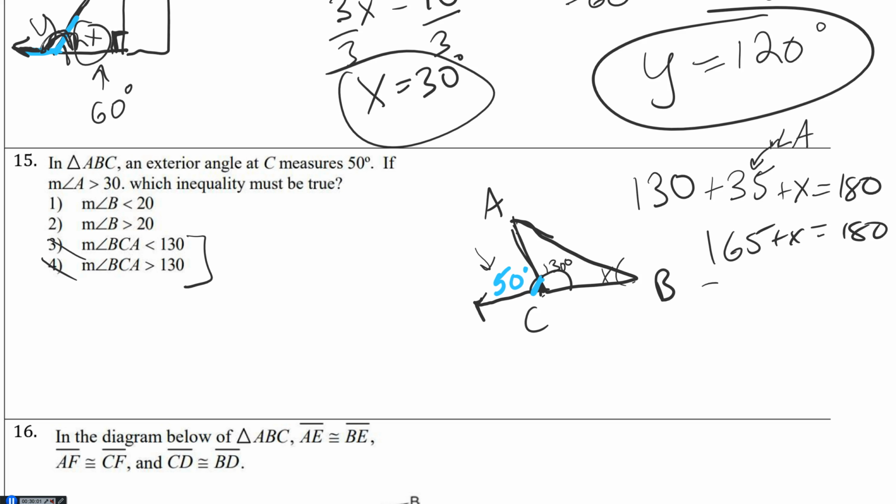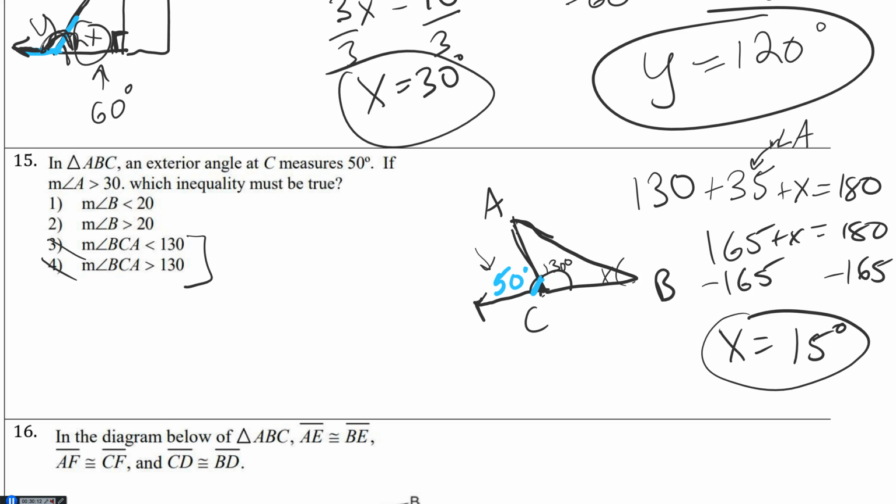So when I combine like terms, subtract 165 on both sides, we're left with that x is equal to 15 degrees. So I know that fits answer choice 1 right there, that B is less than 20 degrees.